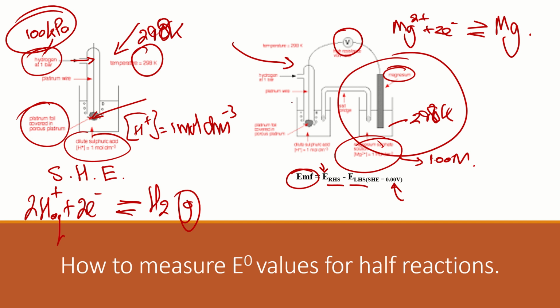Now, if we put the hydrogen half cell on the left hand side, it has a voltage of 0.00 volts. Well, therefore, the reading that we get on the voltmeter is equal to the electrode potential of the right hand side, or the propensity of the right hand side to either accept or to donate electrons. The EMF is equal to the electrode potential of the right hand side in this instance.